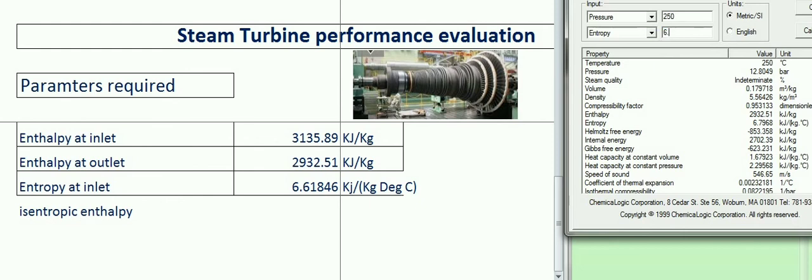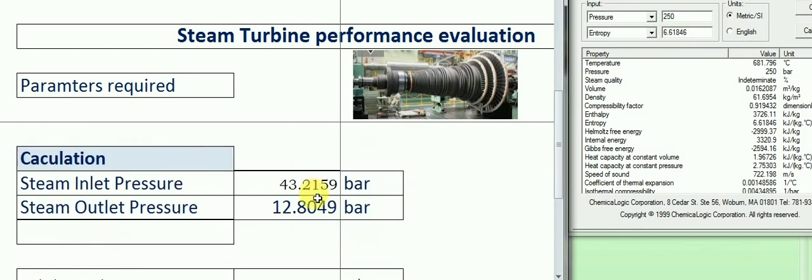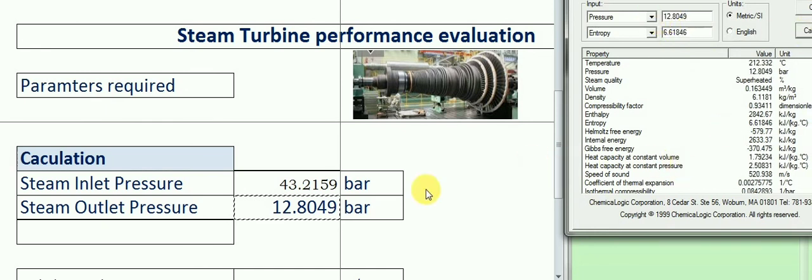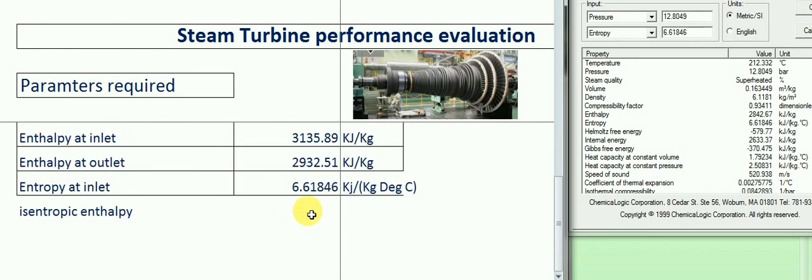It gives 2842.67 kilojoule per kg. It is the isentropic enthalpy.